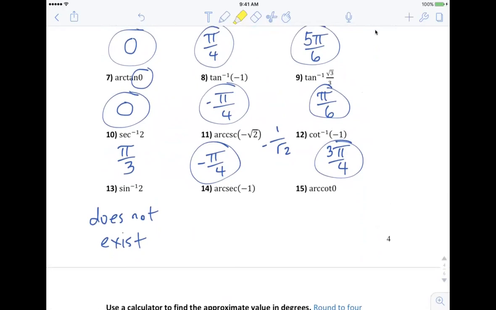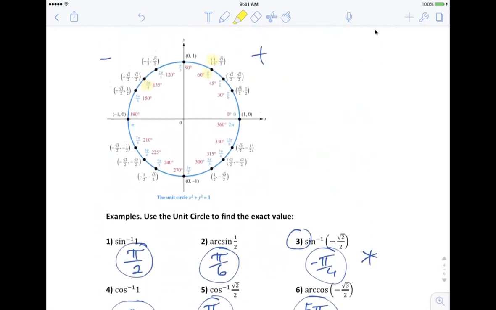How about arc secant of negative 1? Okay, so arc secant is reciprocal of cosine. Where does cosine equal negative 1? Because the reciprocal of negative 1 is negative 1. So where does cosine equal negative 1? Right here at 180, right?